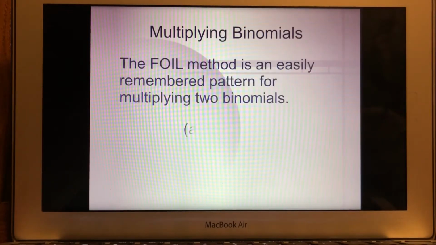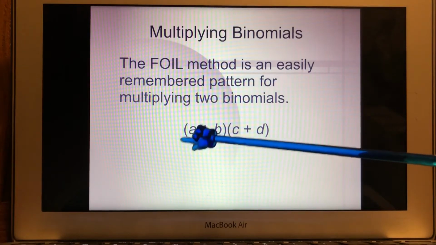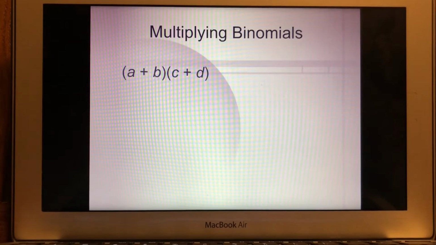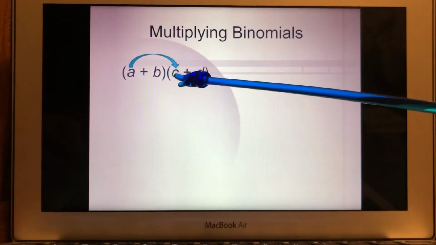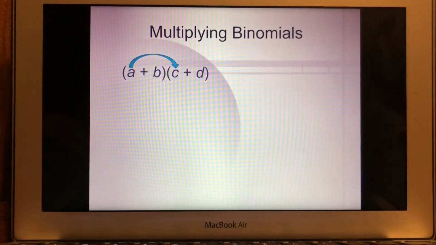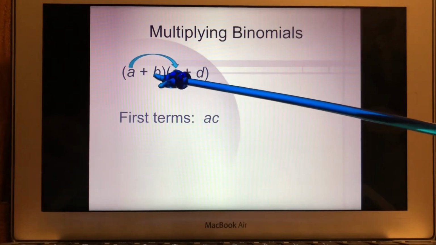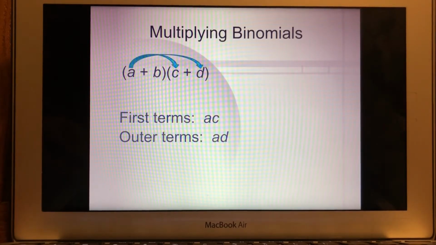Now, when we're multiplying binomials, the FOIL method is an easily remembered pattern for multiplying. Let's take, for example, a plus b times c plus d. The FOIL method means I take my first terms and multiply them, a times c. O is the outer terms, a times d.